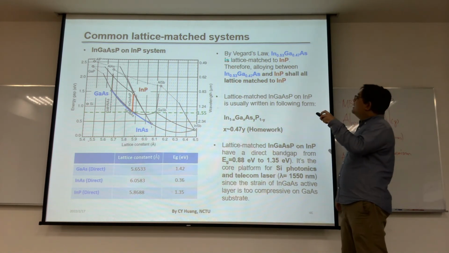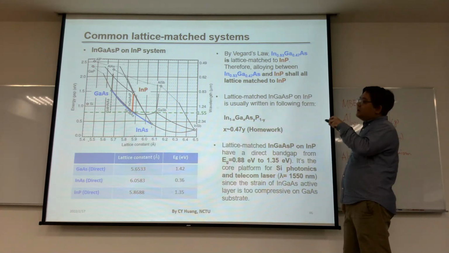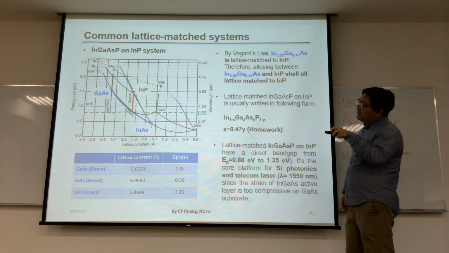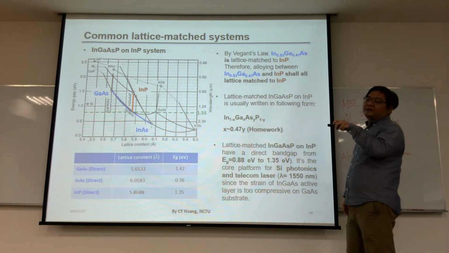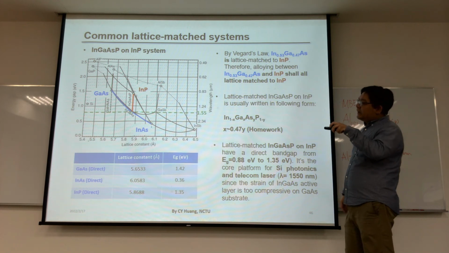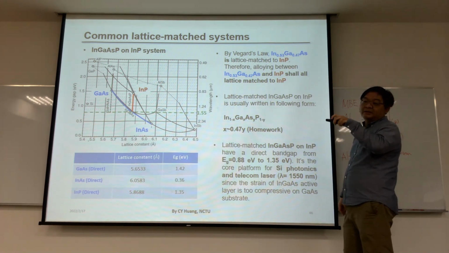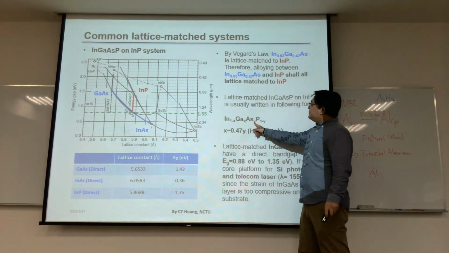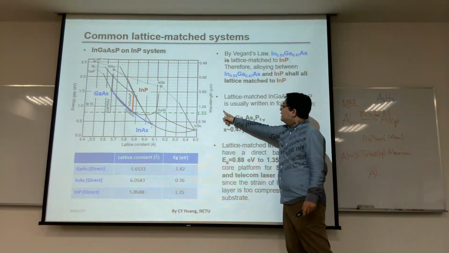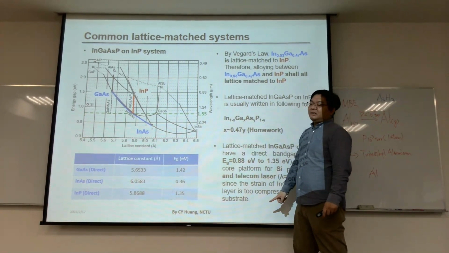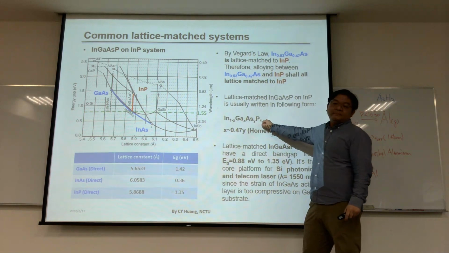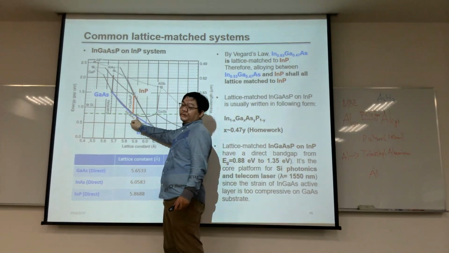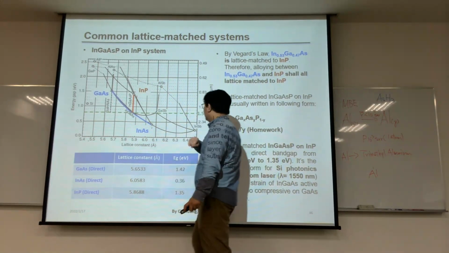The alloy between indium gallium arsenide with 53% indium and InP is also lattice matched to InP. So you also have a range of band gap design without introducing lattice strain. So InGaAsP is actually the alloy between InGaAs and InP, and you get a region of direct band gap material on the InP.